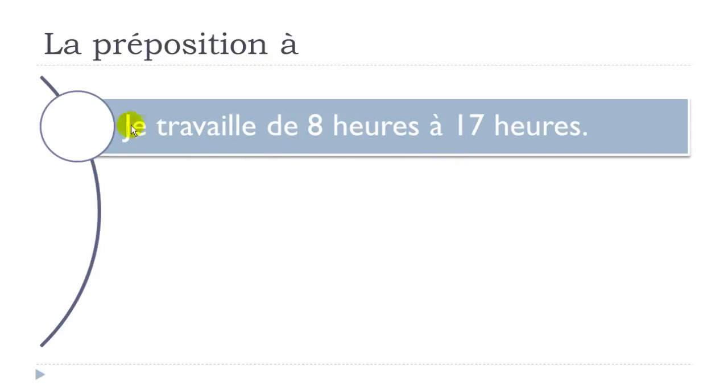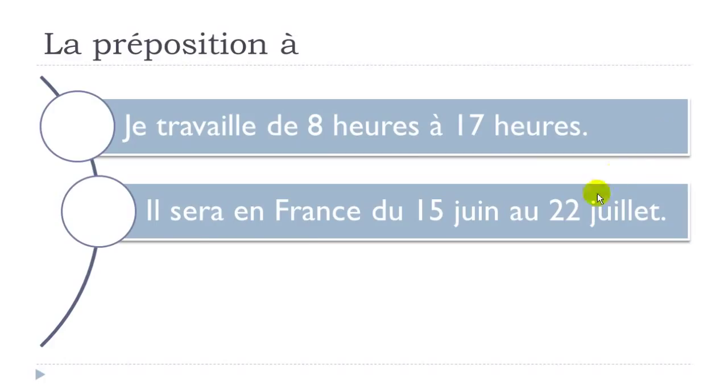So je travaille, travailler is to work, de, so from, 8 heures à 17 heures. So it's really the from to. In this example it's quite traditional, quite classic, because we introduce the hours or the time. So from to. Let's see another example now.